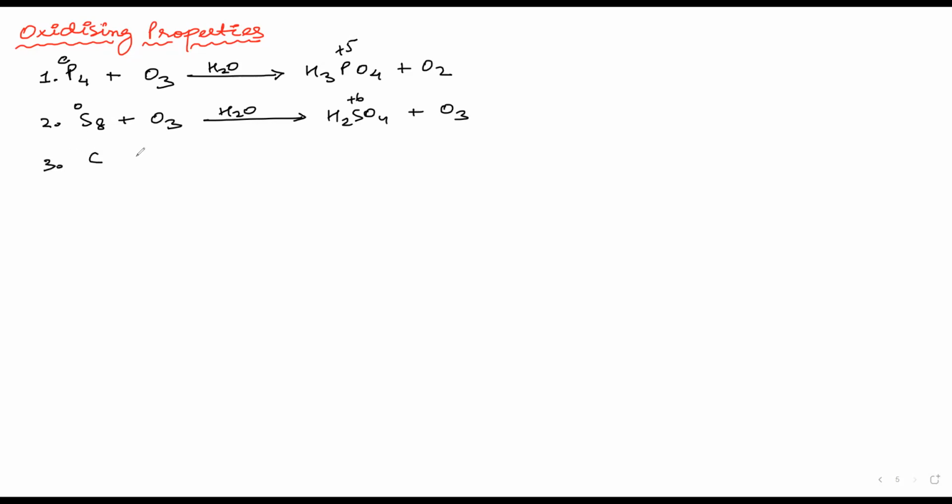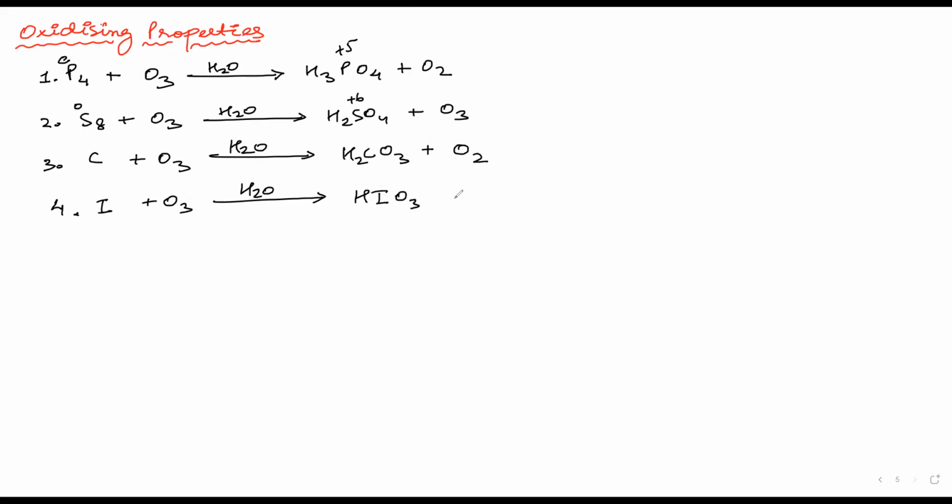Now when you have carbon plus O3 in presence of water, you will form H2CO3 plus O2. If you have, for example, iodine plus O3 plus H2O, you will form HIO3. Oh, sorry, here it will be O2 plus O2.